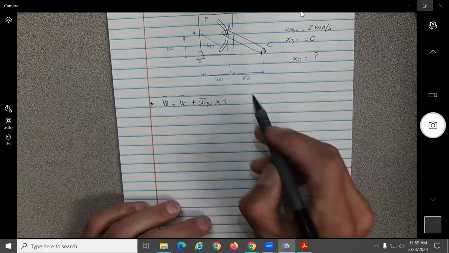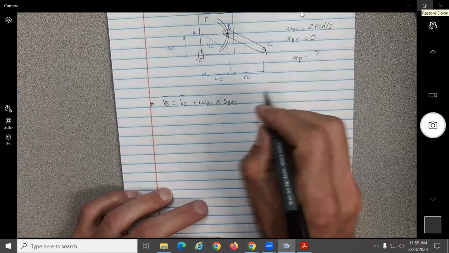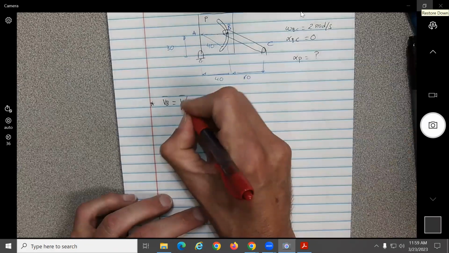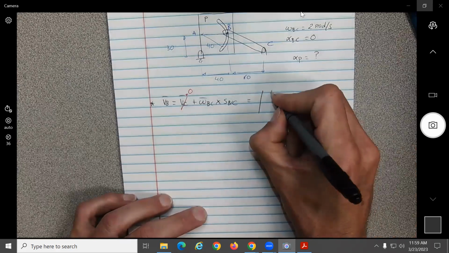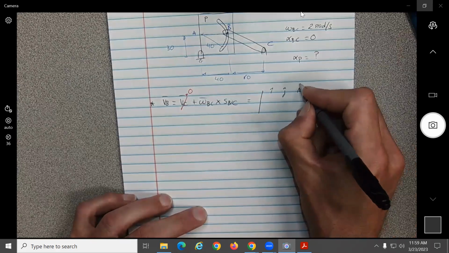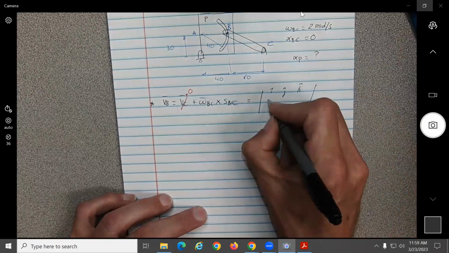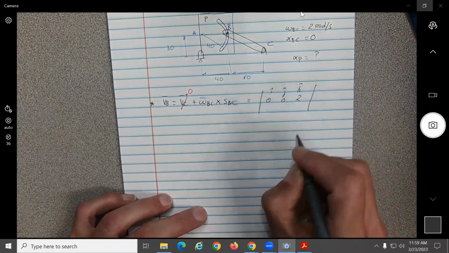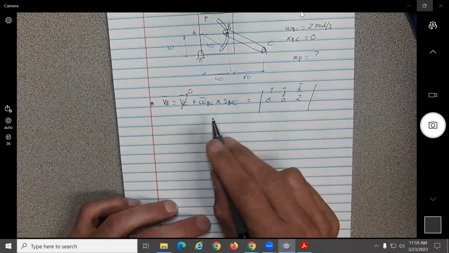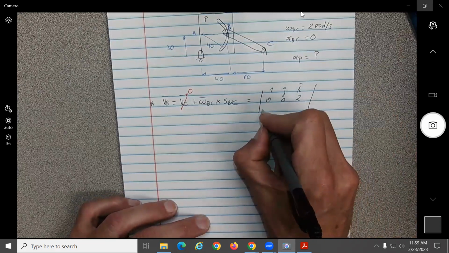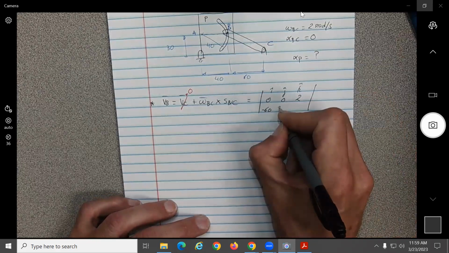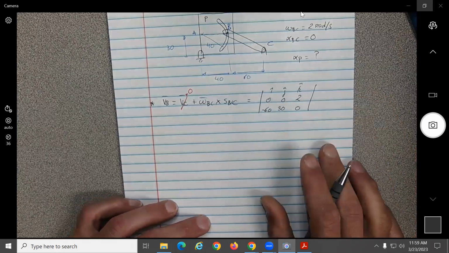No relative terms. So we have B with respect to C, and VC will be 0. So basically, you will have IJK vector of 0, 0, 2. And what would be the position of B with respect to C? 60, 30, and 0.